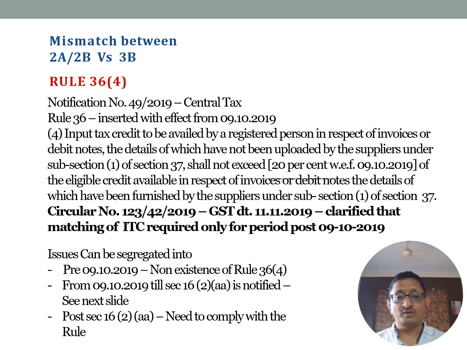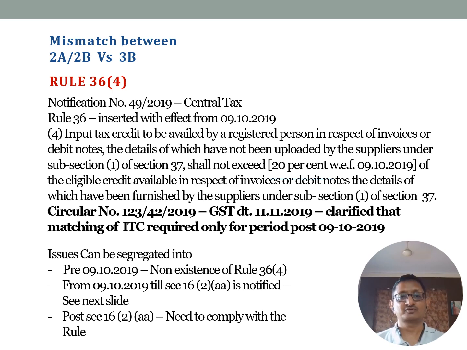Circular 123 dated 11/11/2019 clarified that matching of ITC is required only from when this rule was notified, which was 9th October 2019. So for the period 1st July 2017 till 9th October 2019, Rule 36(4) will not be applicable.